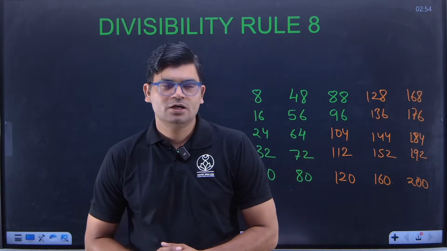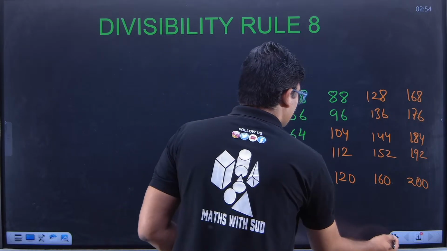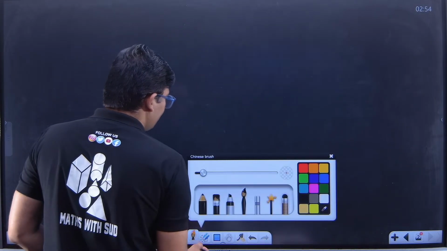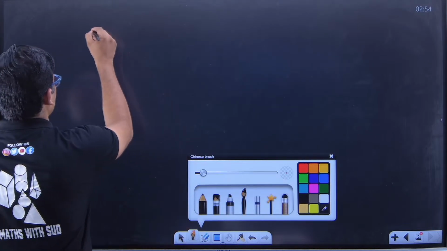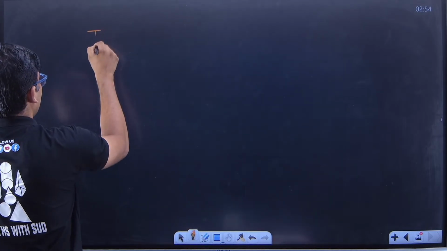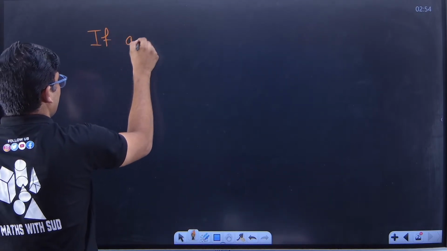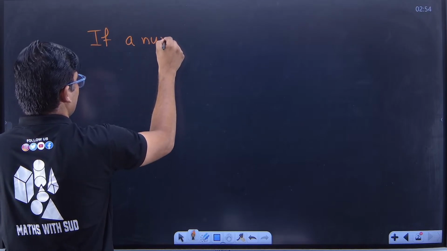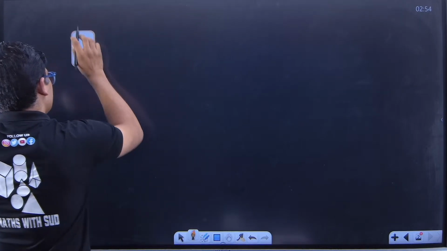Now, in most of the textbooks that you will see, the divisibility rule of 8 is written as follows.